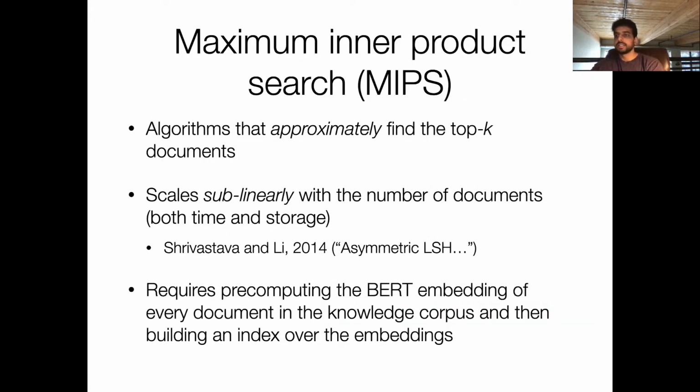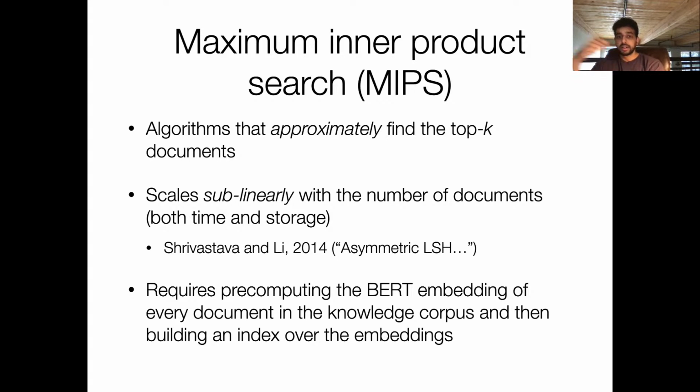What you gain from giving up the exact top K for this approximation is that the computation scales sublinearly with the number of documents. So you can do this much faster than if you just naively computed everything.